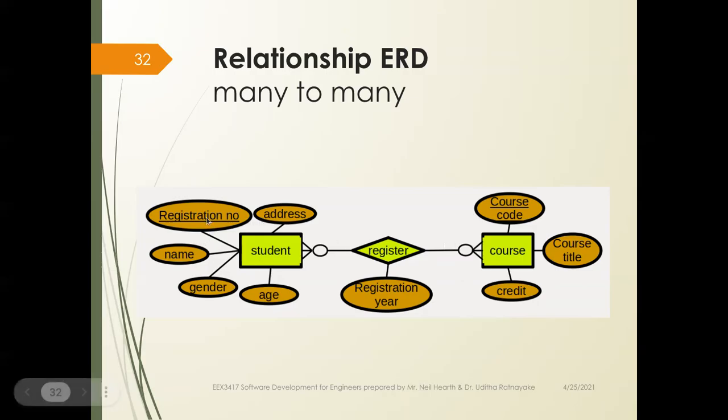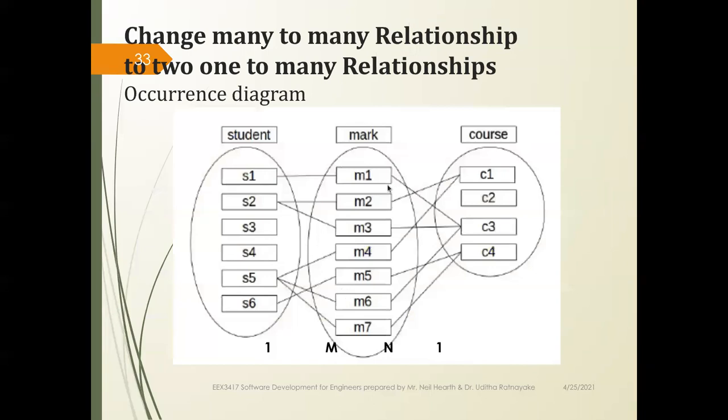Here you can see registration number is the primary key. Here course code is the primary key. Registration here. Change the many to many relationship to a one to many relationship.